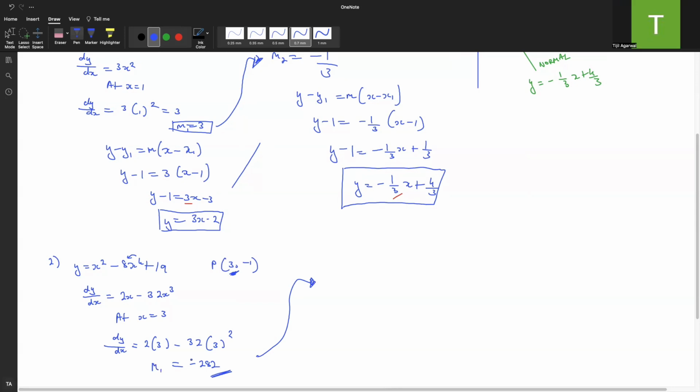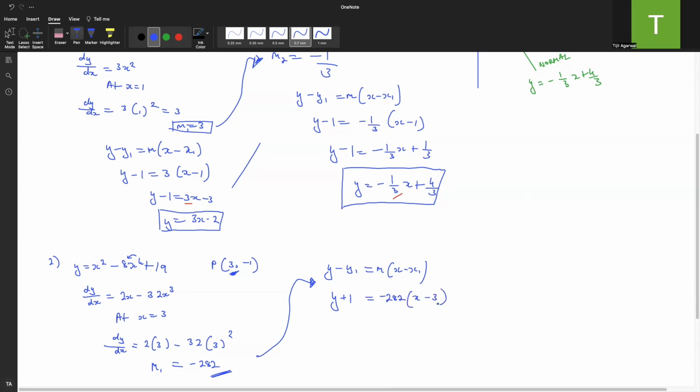So we know that this is the gradient of the tangent, and we can find the equation of the tangent using the point-gradient formula, y minus y1 is equal to m(x minus x1). Our y coordinate is -1, so minus negative 1 becomes +1, equal to -282 times (x minus 3). It's a big gradient.